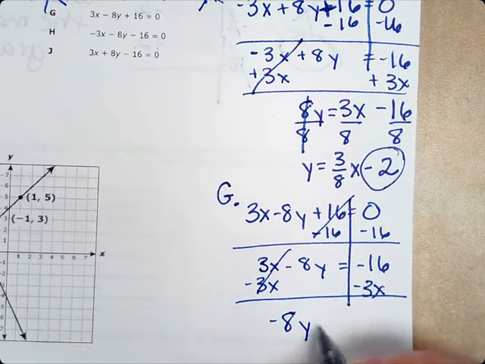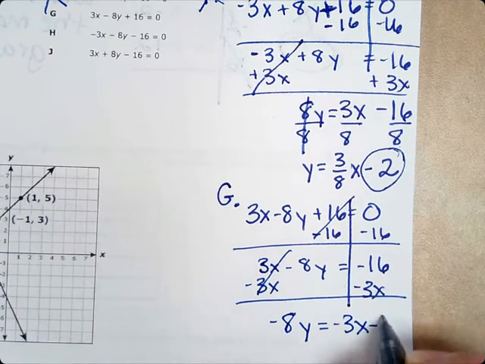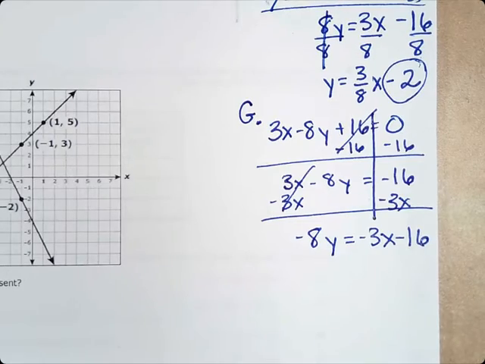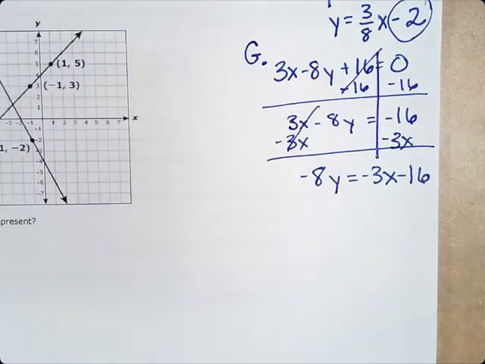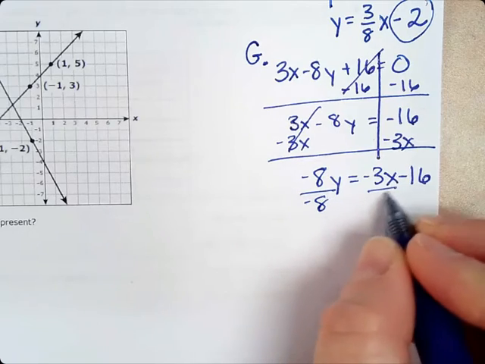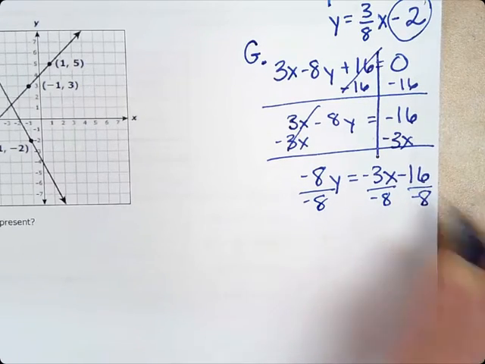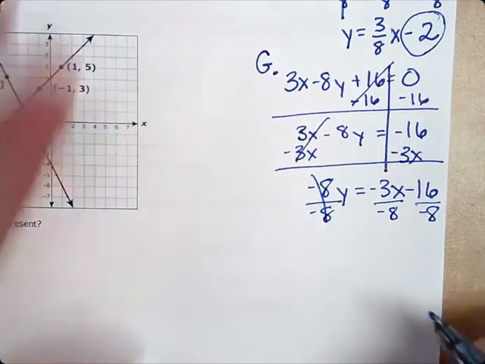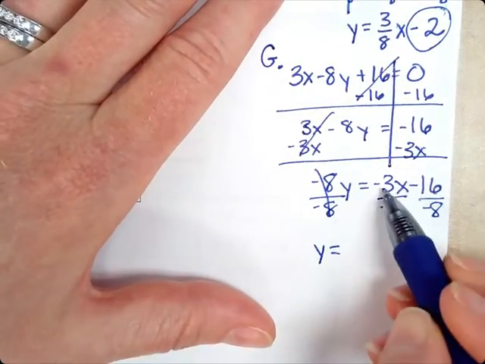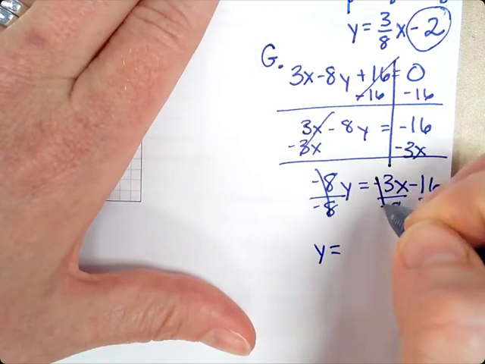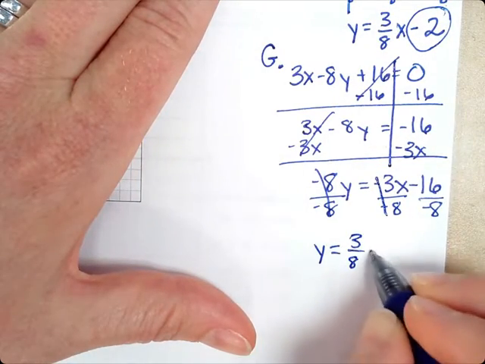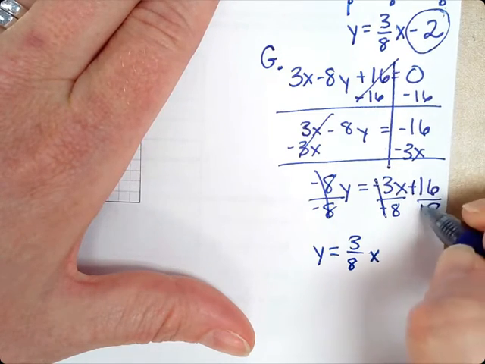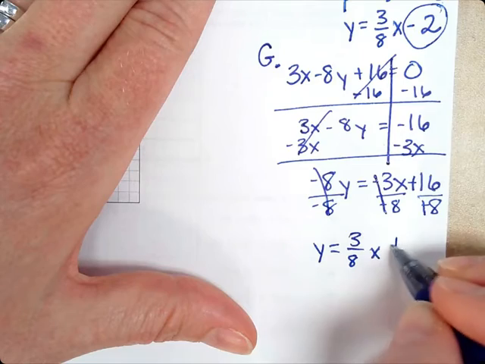Negative 8y equals negative 3x minus 16. Then divide by negative 8 all the way through. You get y equals negative over negative, I'm going to make it positive, 3 over 8x. Negative over negative again, negative 16 over negative 8 makes it positive 2.